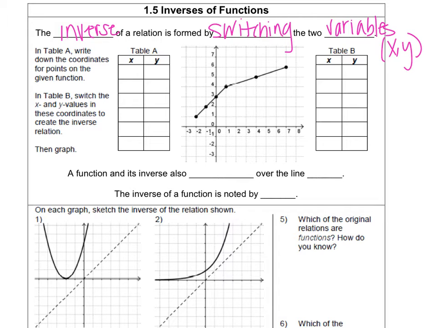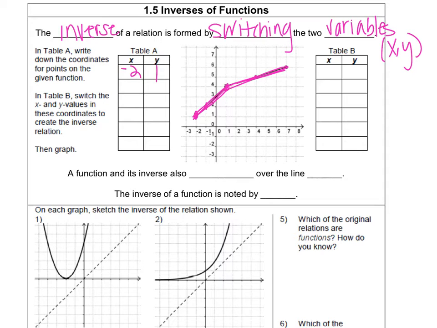So we are given a function here, which I'm highlighting in pink. And we're going to list out the coordinates. So I'm going to start at this first point and then work left to right. The first one is at -2, 1.